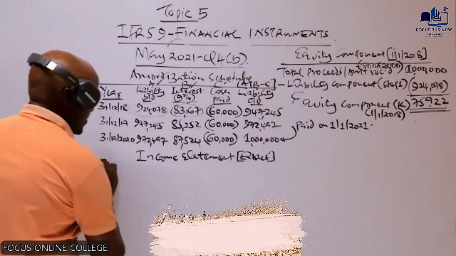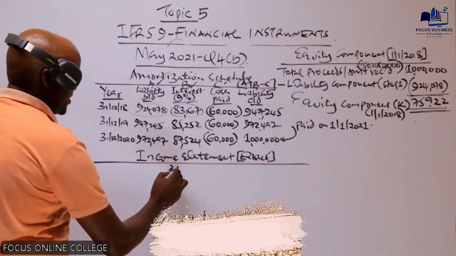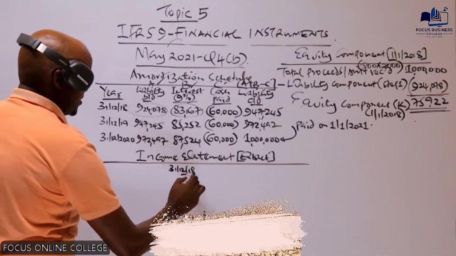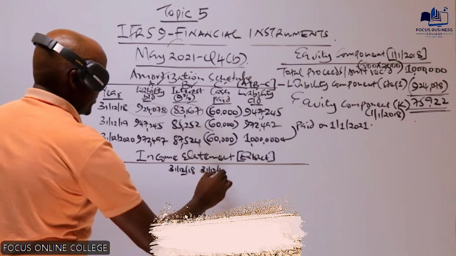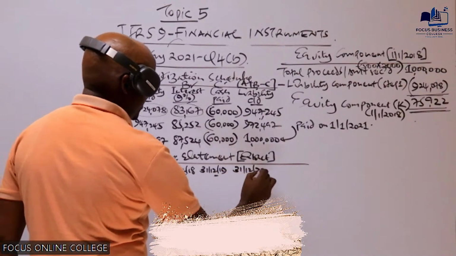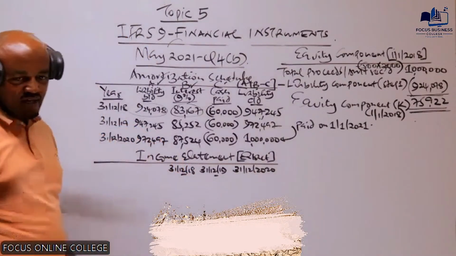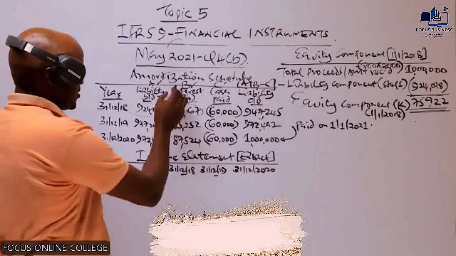Basically to show what the company was supposed to recognize here for 3 years: the first year ended 31st December 2018, 31st December 2019, 31st of December 2020. And what the company was supposed to recognize in the income statement is this interest.